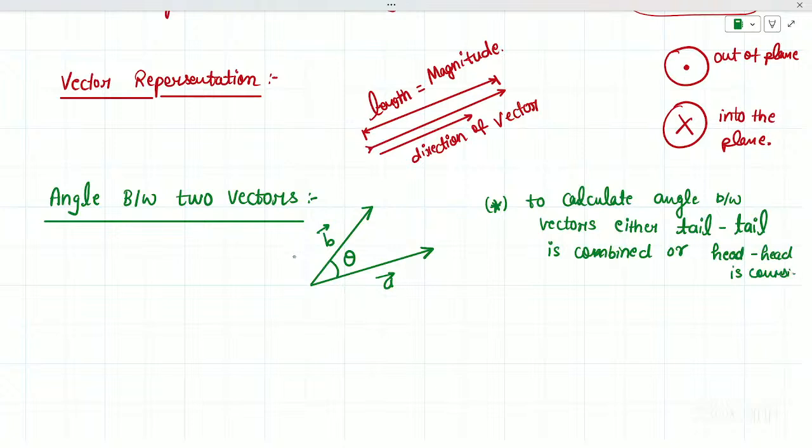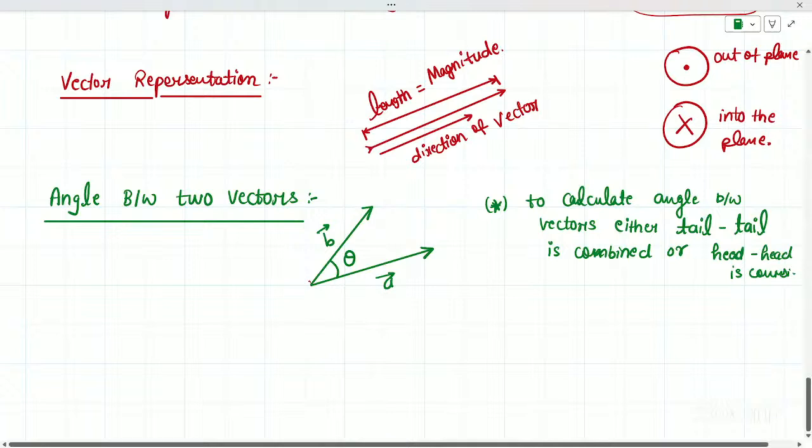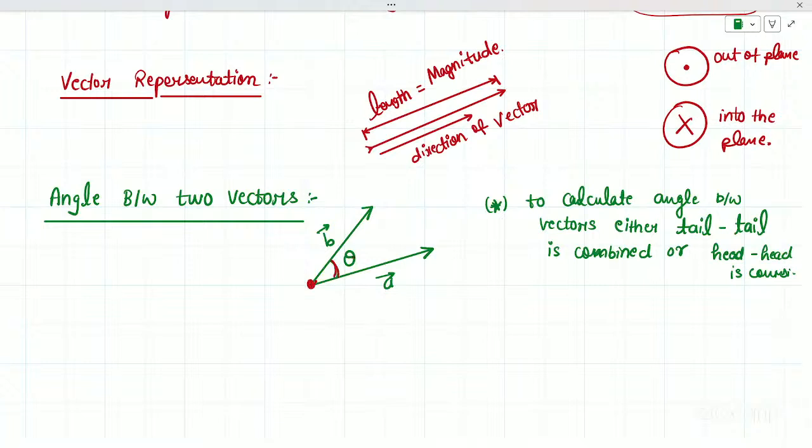So here in this example, if you see, the tails of these two vectors are combined and lie at the same place. So the angle measured between them, we can consider this theta as the angle between two vectors.